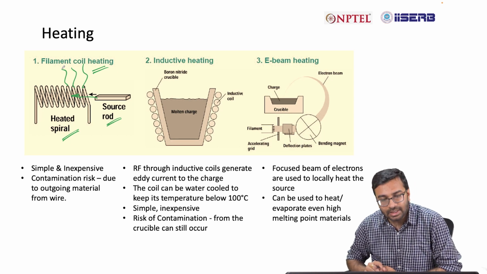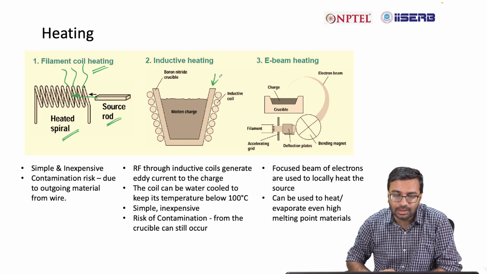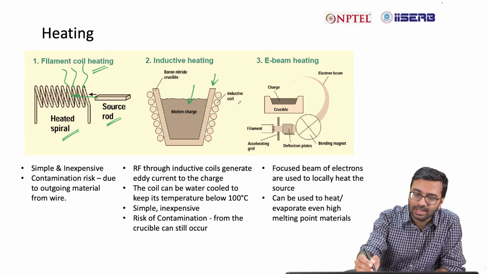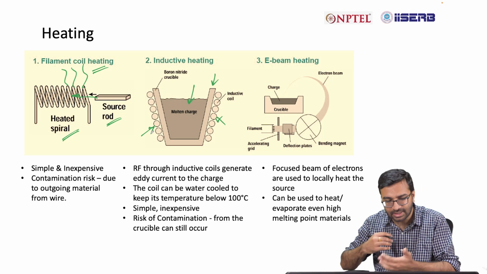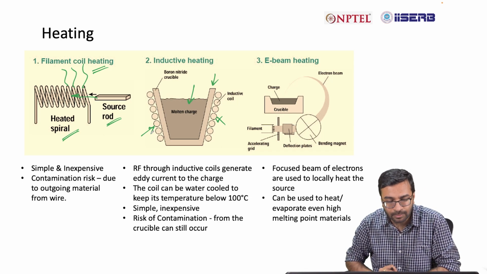Then we have inductive heating technique, where you have a container, this is a crucible, and then you put the source inside, and then you use an inductive coil as it is shown over here. Then it creates an eddy current. So, that actually helps to create the evaporation.